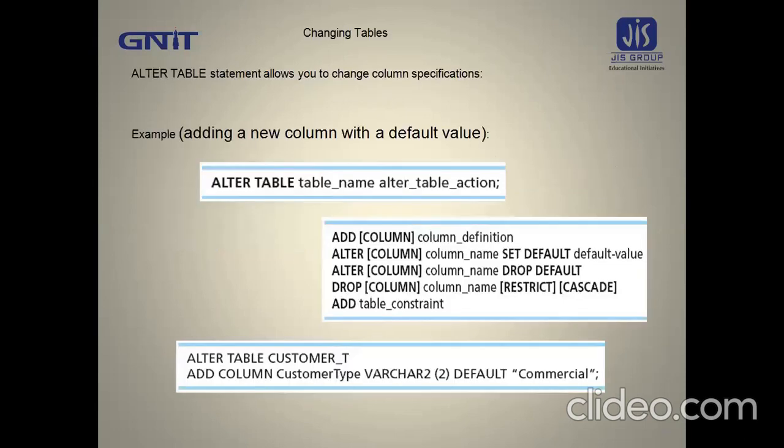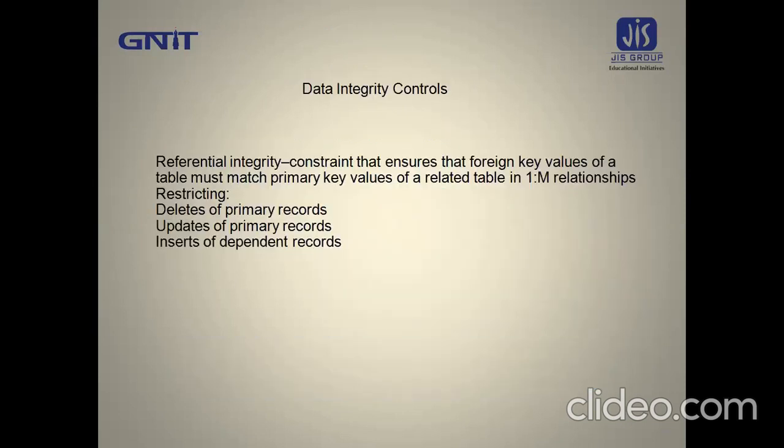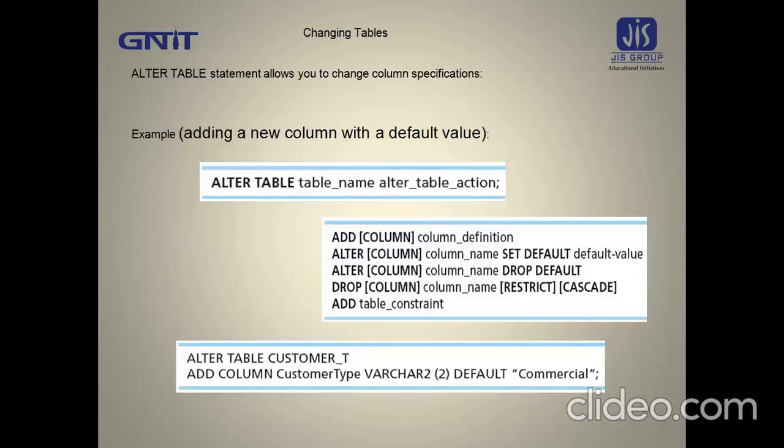So we will see now how these constraints can be applied for updating relations on a table. Here we are saying that the ALTER TABLE statement allows us to change column specifications, like the definition is ALTER TABLE, table name, the name of the relation, and ALTER TABLE action.